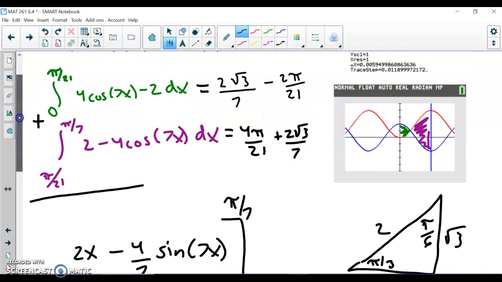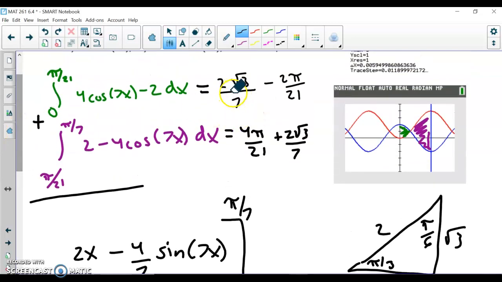Okay, so if we add this up, we've got 2 root 3 over 7 plus another 2 root 3 over 7 makes 4 root 3 over 7. And then here we have to subtract out 2 from the 4, so it ends up being plus 2 pi over 21. And that should be the answer to that one.